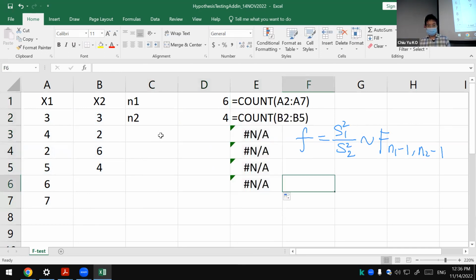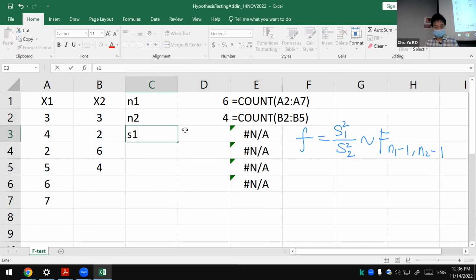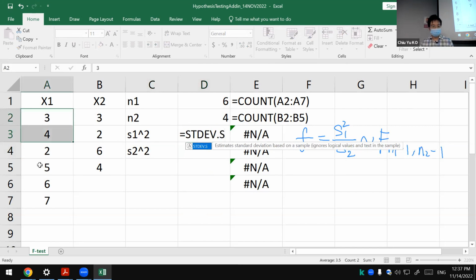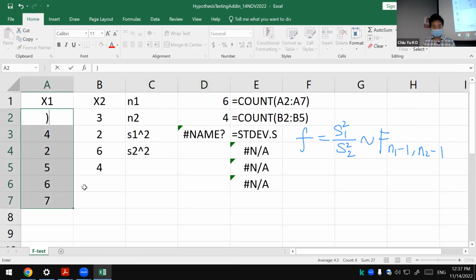What is next is we need S1 squared and S2 squared. S1 squared is just STDEV, the standard deviation using the sample version, for X1.